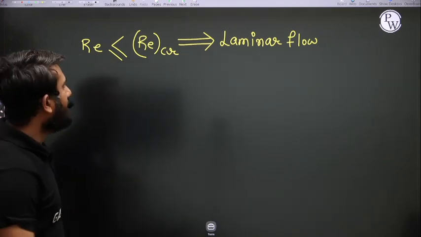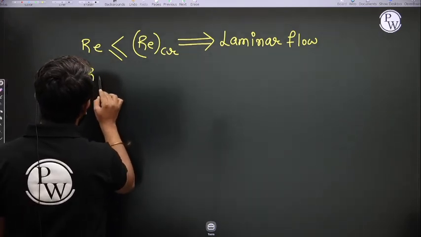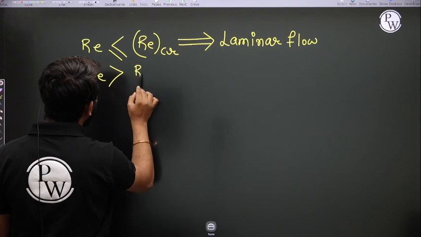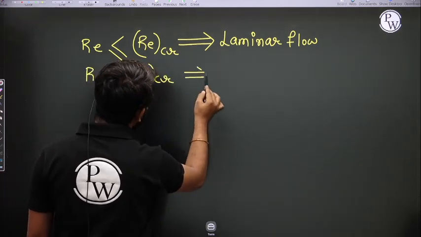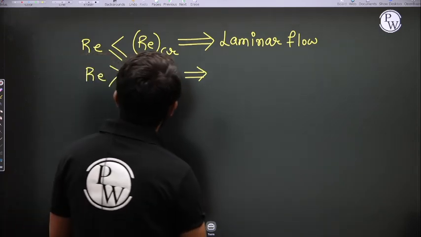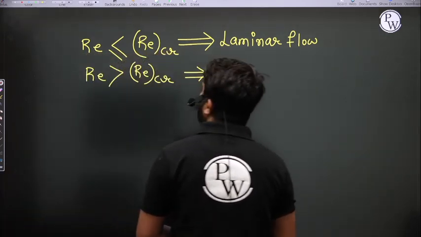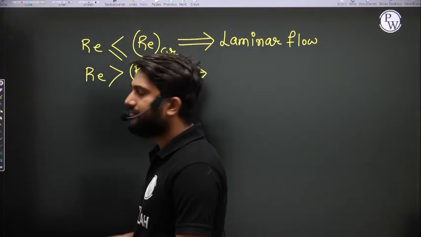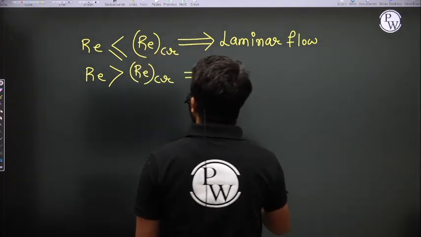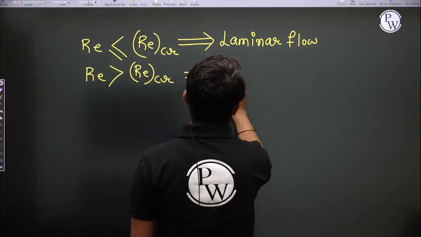And if the Reynolds number is greater than the critical Reynolds number, then the flow is turbulent flow. There is a transition of the flow also in a certain range of Reynolds number values, but we are not dealing with that transition region. So directly I say if the Reynolds number is greater than the critical Reynolds number, that is a turbulent flow.